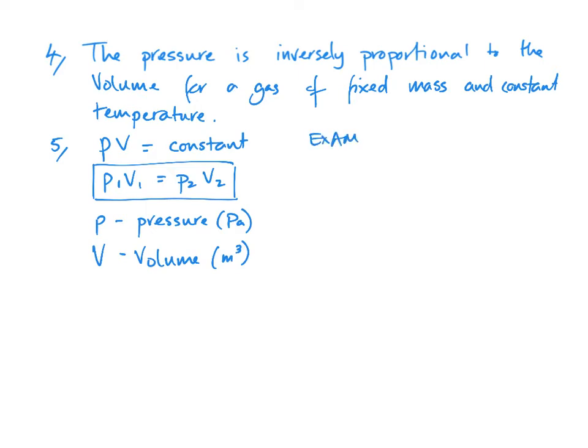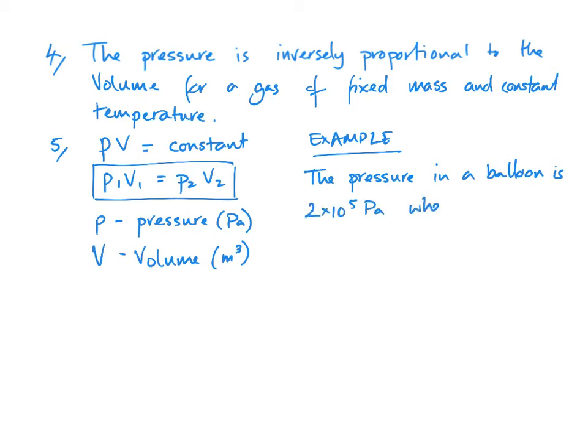So, what do we mean by an example? So if we take a balloon, then if we imagine the pressure in a balloon is 2 times 10 to the 5 pascals, when its volume is 30 cubic centimetres.